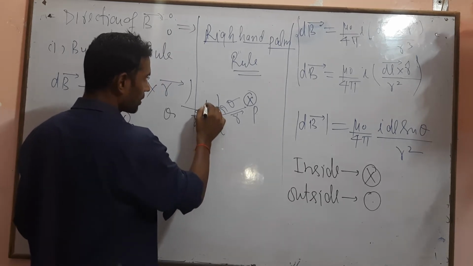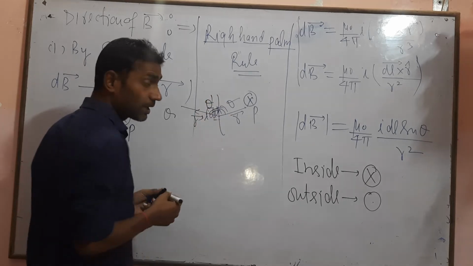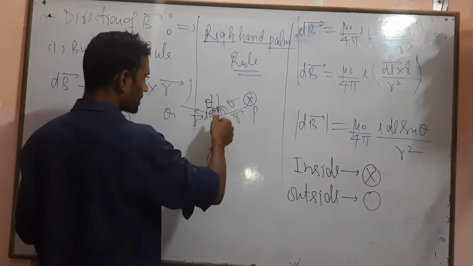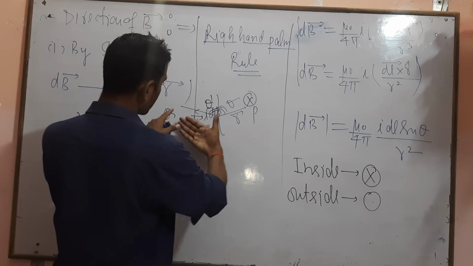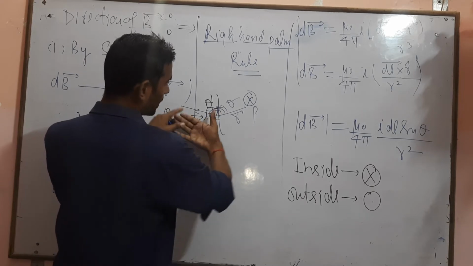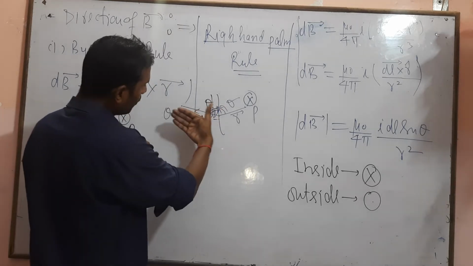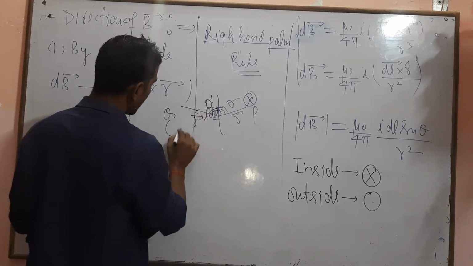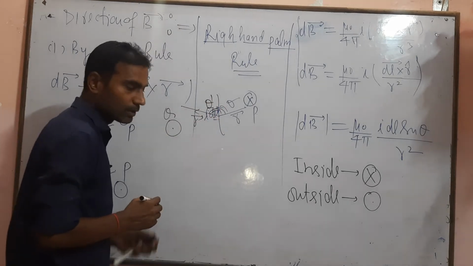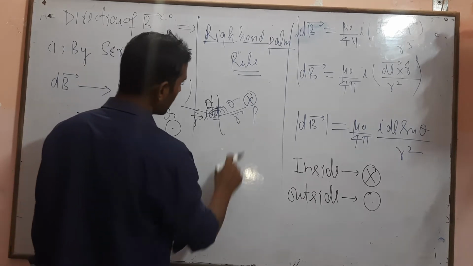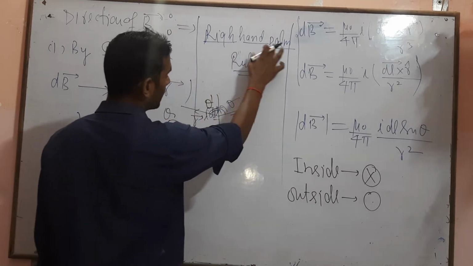Here the curling direction gives the magnetic field at point Q as outside. This is outside, this is inside. This is the right hand palm rule.